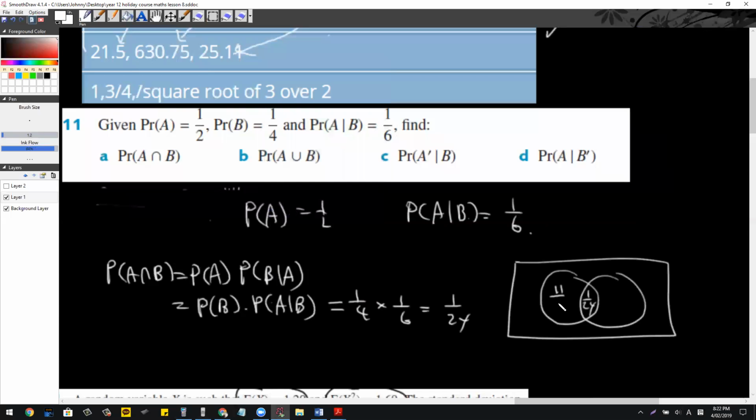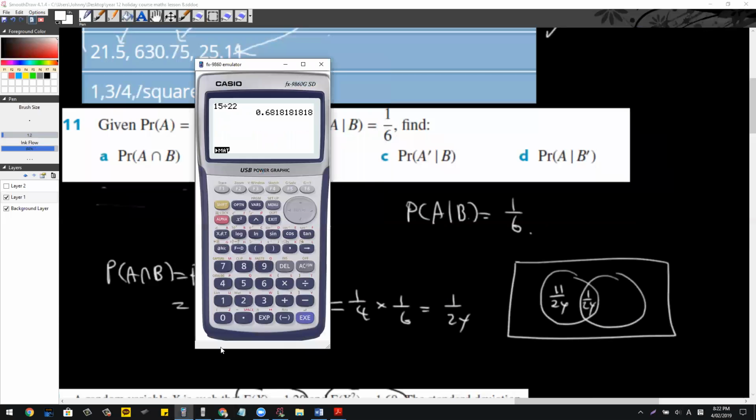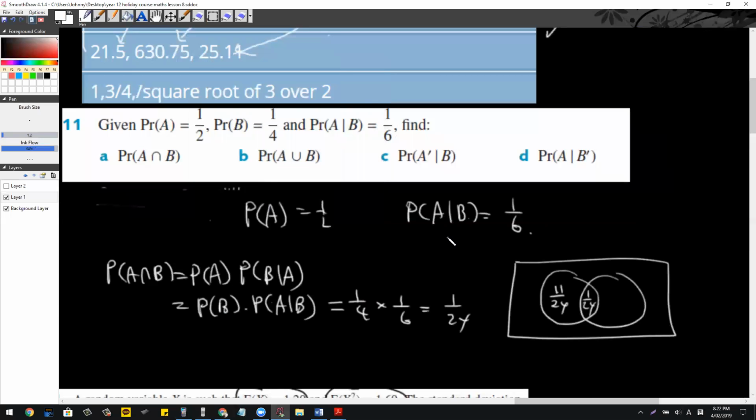This is 11 on 24, right? And if I do B minus this one, then I'm going to get this B only section here. That's 1 on 4 minus 1 on 24, which is equal to 5 on 24.